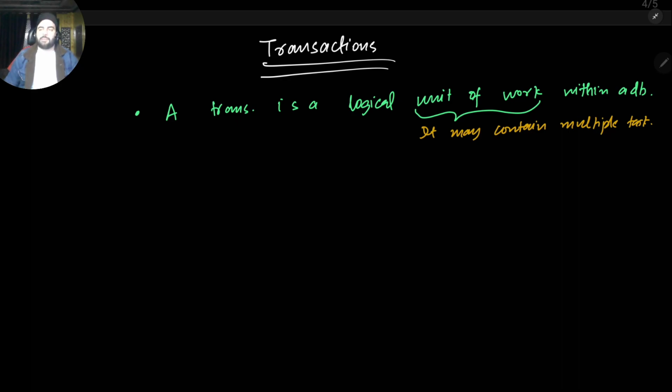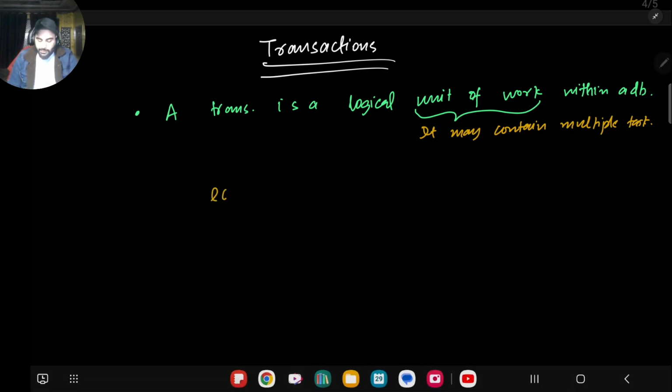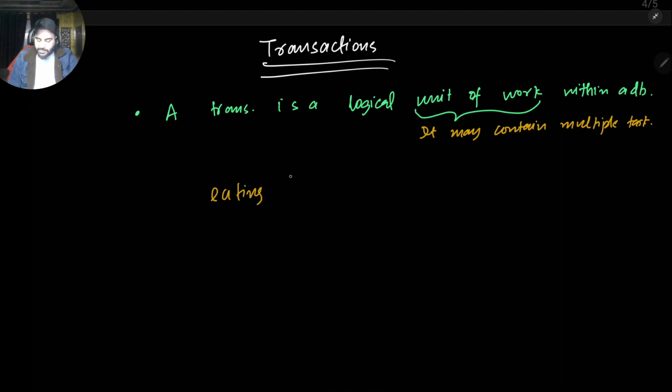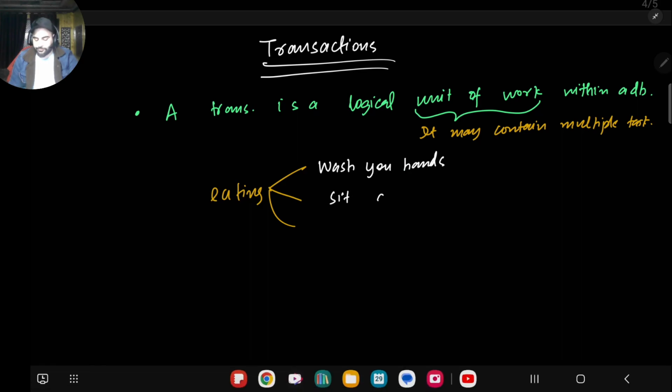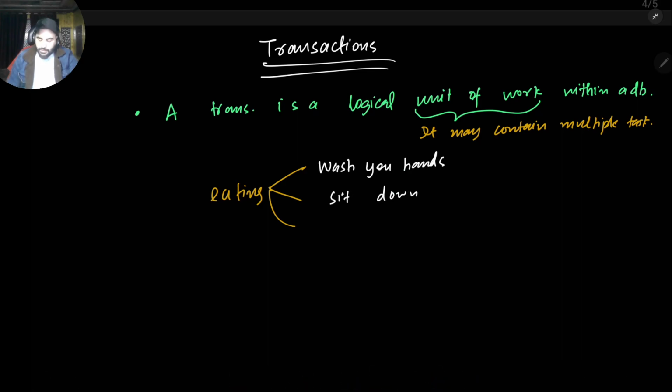Let me give you an example, first an abstract example, then we'll go to the real world example. Let's suppose you are eating food. I'll call it a transaction because it contains multiple tasks. First you will wash your hands, and then maybe you will sit down. Then maybe you will bring your plates, and you will eat, and you will wash your hands again at the end.